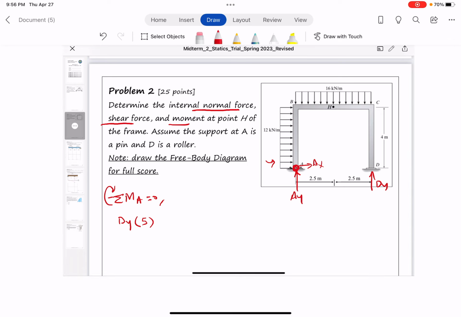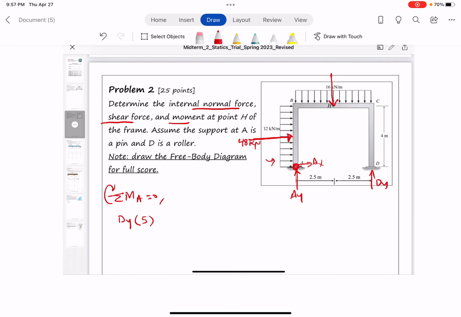You have 12 kilonewton per meter times 4, that's 48 kilonewton, and 16 times 5, at the center.